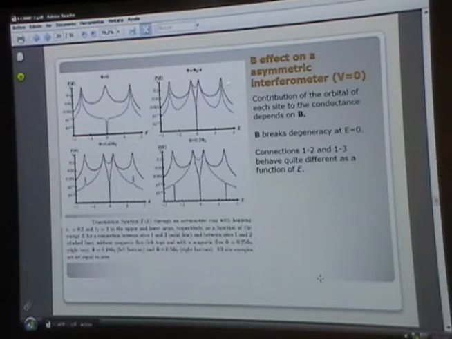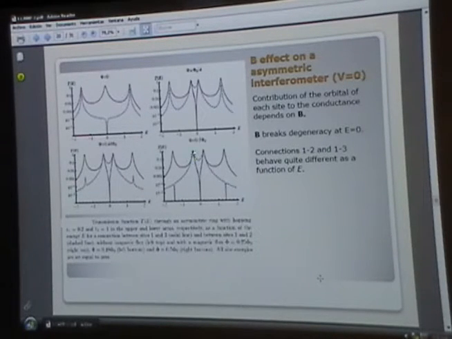So we have 4 peaks corresponding to the 4 eigenenergies of the system. On the other hand, the magnetic field also eliminates the anti-resonance. There is no 0 at all, but there is a high transmission now. So a magnetic field can produce a remarkable change in the transmission properties of the device for both configurations.